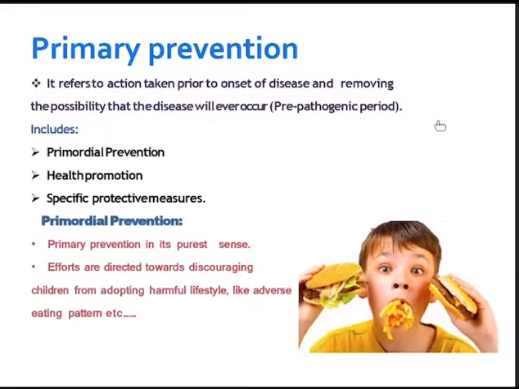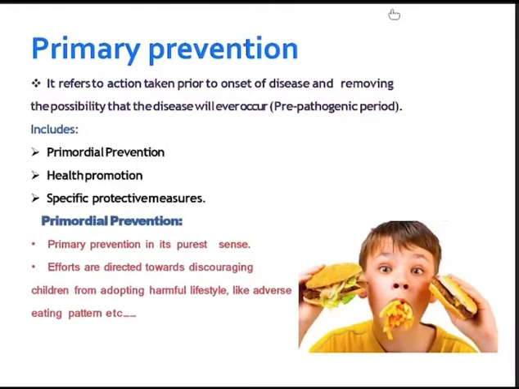For example, you encourage children to avoid junk foods, to avoid abnormal eating patterns, and to stop abnormal pernicious habits, so that the child maintains a healthy body as well as oral cavity.